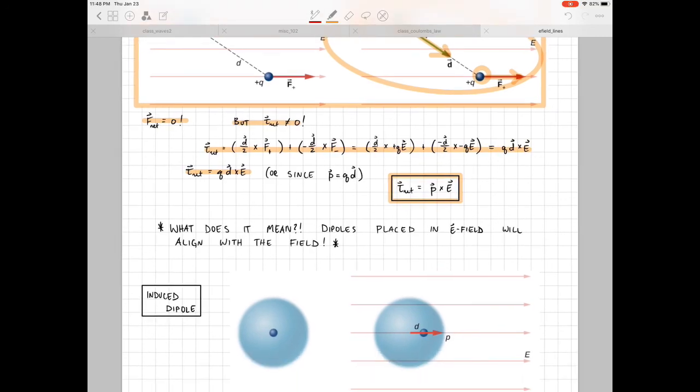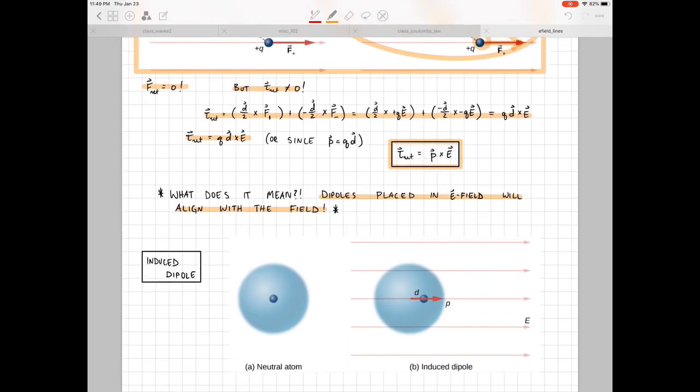So that's wonderful, but what does it mean physically? Well, what this means is that dipoles placed in an electric field will align with the field. So that means the dipole will rotate if it's not already aligned, and it rotates because of that net torque.